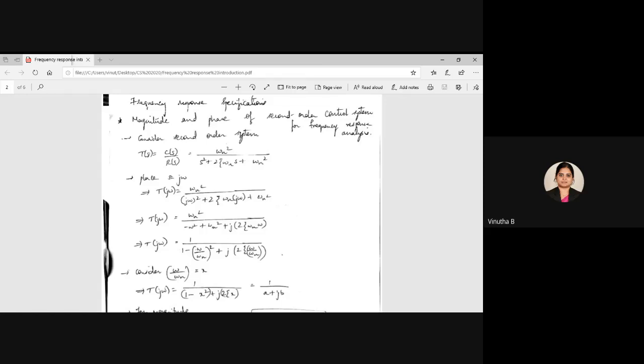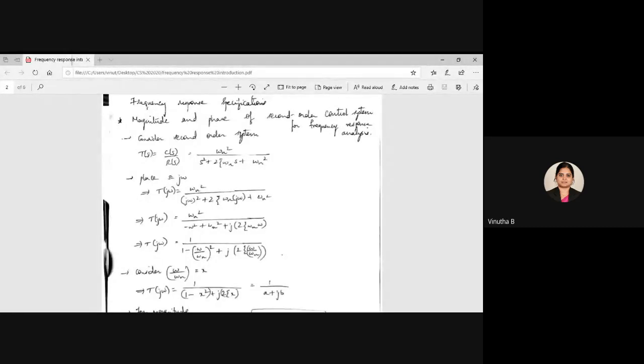So as I told you, for all our explanation of the specifications or the parameters, we are going to consider a second order control system. So remember, we had studied in module 3 about the second order control system.